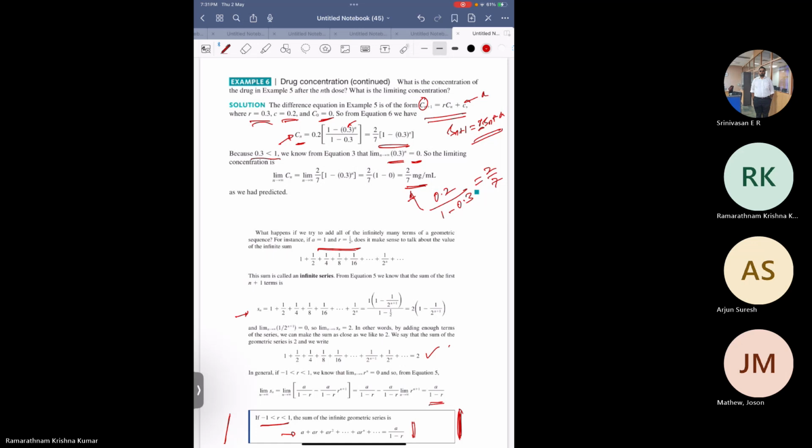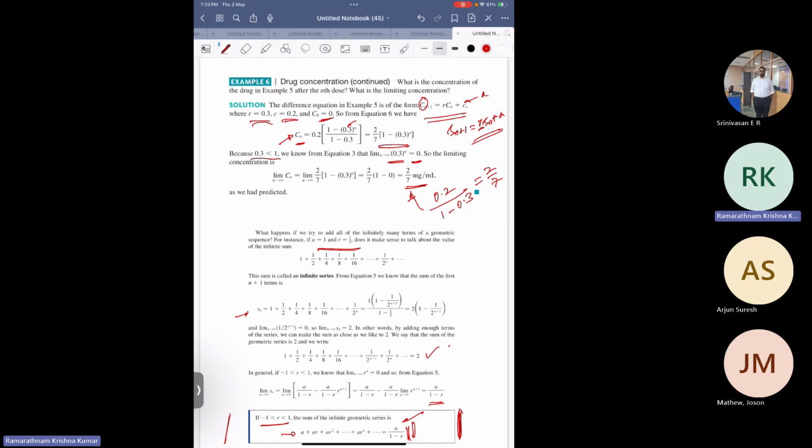Right? So if this is the formula you have, many times you use this formula for your cases. For absorption, for example, it is A by 1 minus R, period. Very simple. So if you are going to give drugs like this, everyday injection or every 2 days, you can sum this up. And what is the saturation limit? Given by this formula. Let's stop here for a minute. Is that clear?